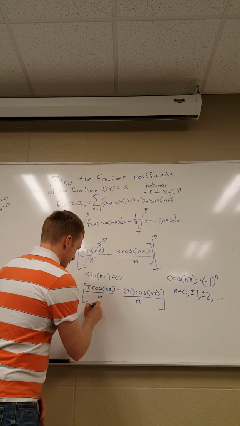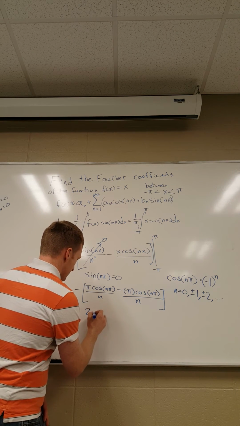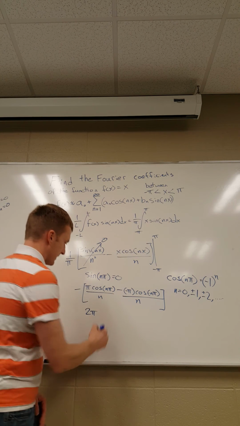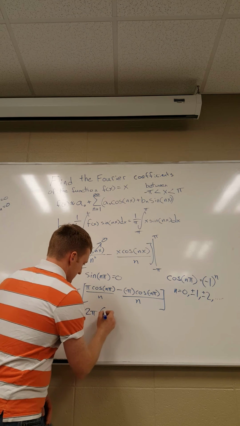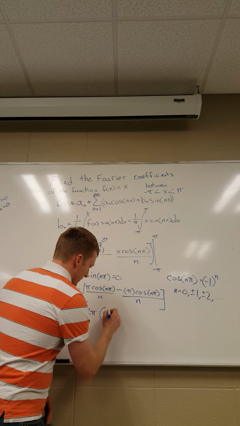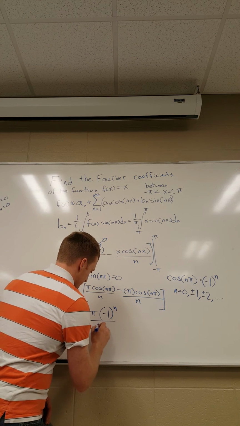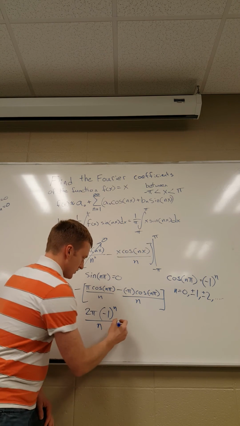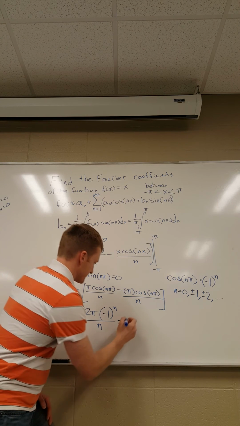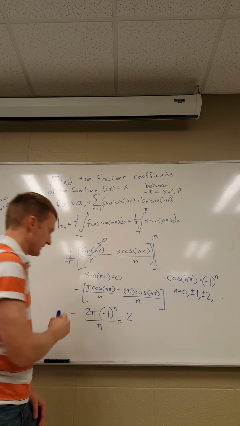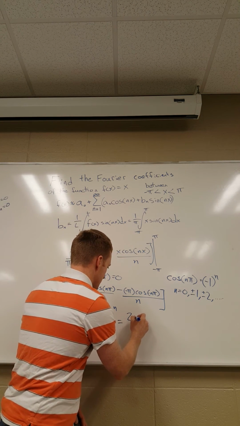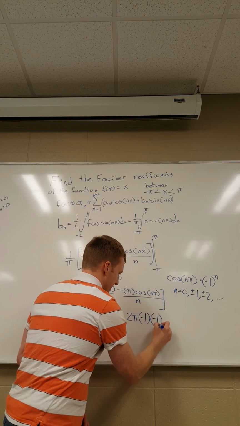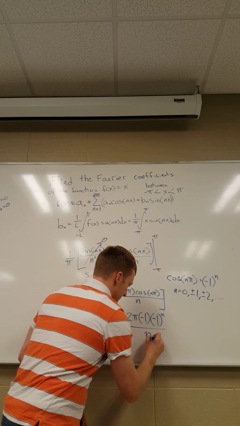So, given that, we'll equate those two and we'll say 2 pi, factoring out the pi, times negative 1 raised to the n all over n with a negative sign on the outside, which is equal to factoring out the negative sign, 2 pi times negative 1 times negative 1 raised to the n power all over n.